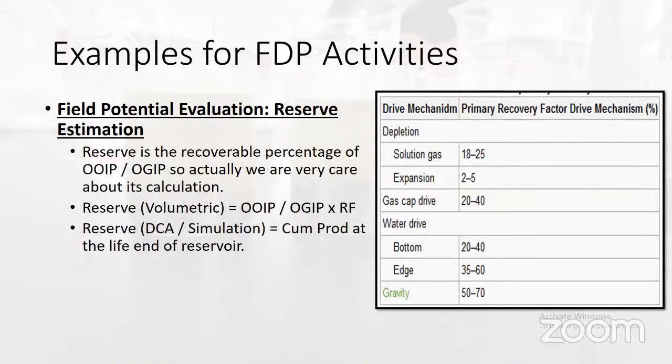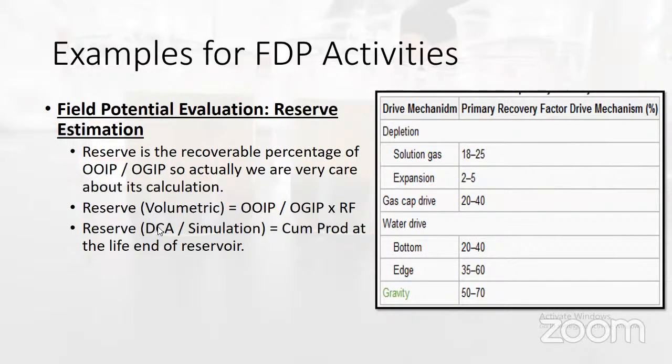Okay, great. So now we have a series of values for the oil in place. What about the reserve? As we mentioned, if you just have a volumetric estimation for the reserve, the reserve will be equal to the recovery factor multiplied by the oil in place or the gas in place.